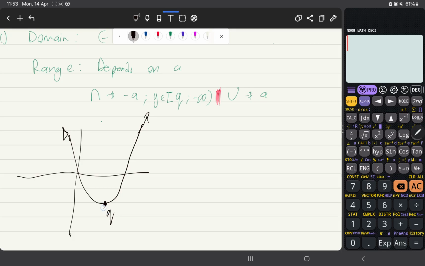The q values will never go below this, so they will move from here up like this. So in this case, y is an element of what? We move from q to positive infinity. I'll open this one to positive infinity.